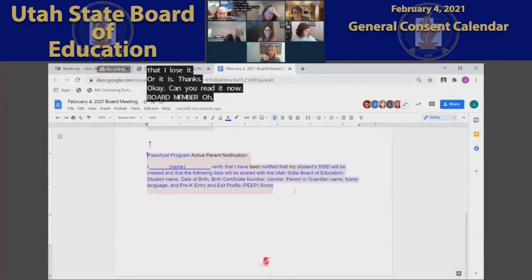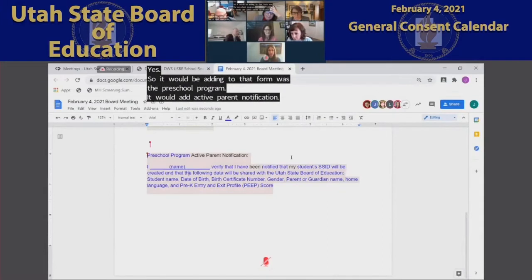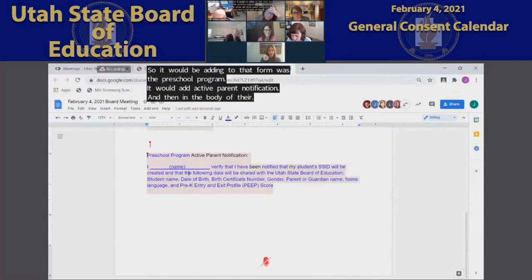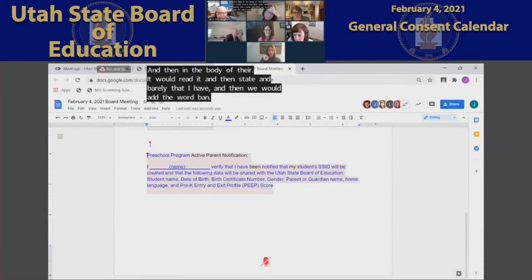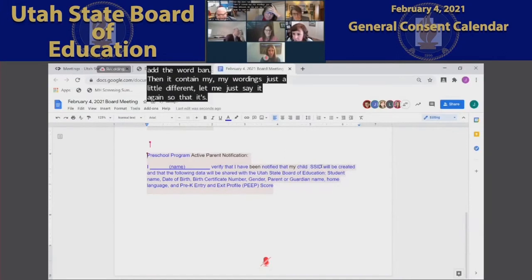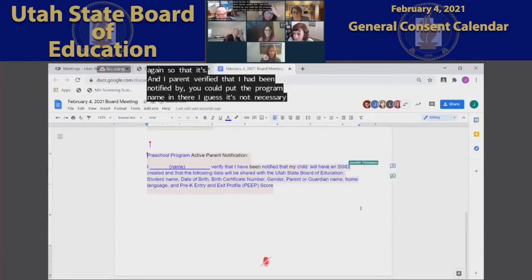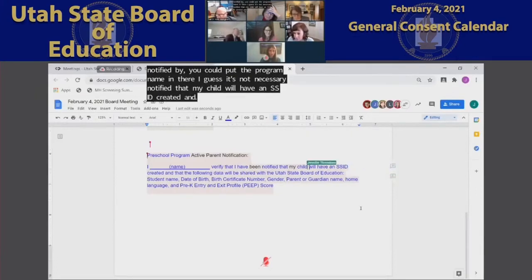Let me just say it again: I, parent, verify that I have been notified by, you could put the program name in there, I guess it's not necessary, notified that my child will have an SSID created, and then the rest of the completion of it. Yes, that's it.